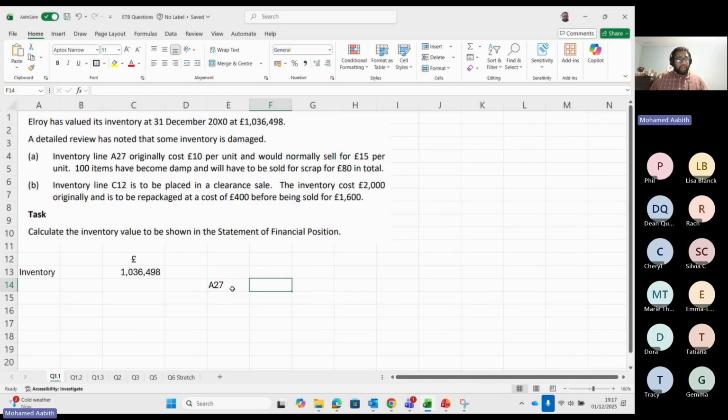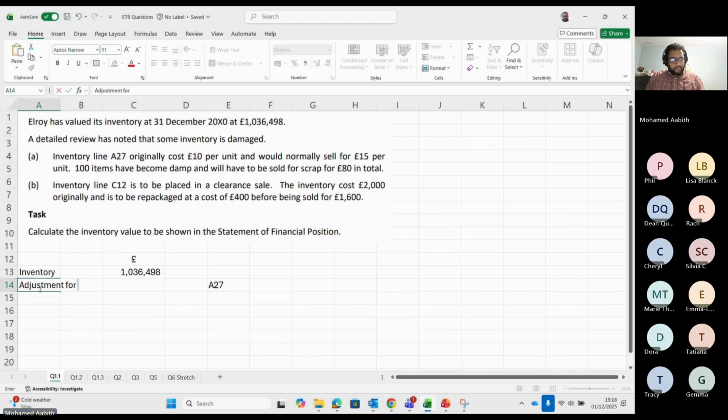So what we need to do is remove the original cost. Original cost per unit is £10. How many units we have is 100. So the adjustment for A27: we need to remove the amount first. So that amount has to be removed.